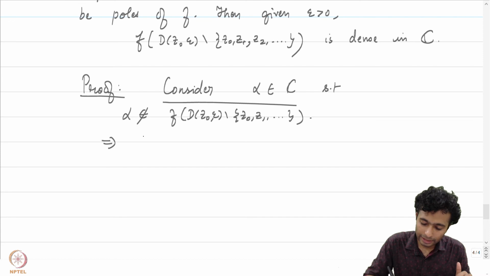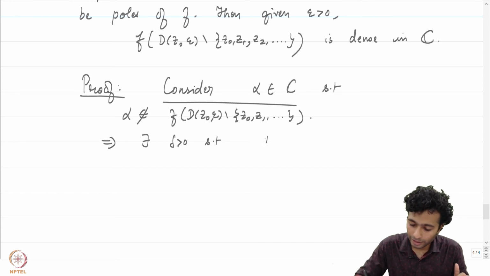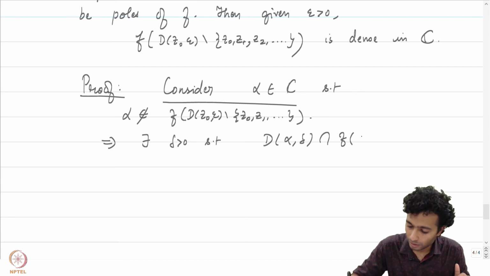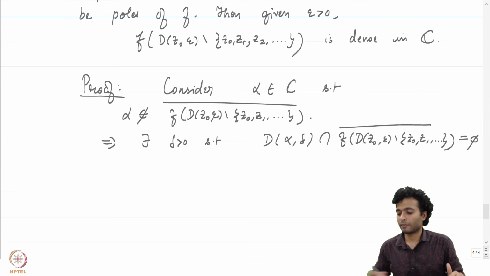That implies that there exists some delta positive such that D(alpha, delta) intersected with the closure of f of D(z0, epsilon) minus z0, z1 is empty.